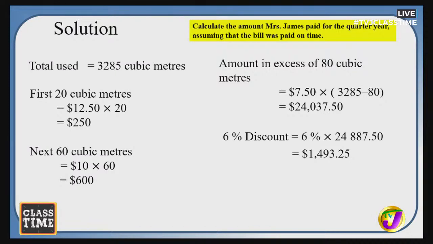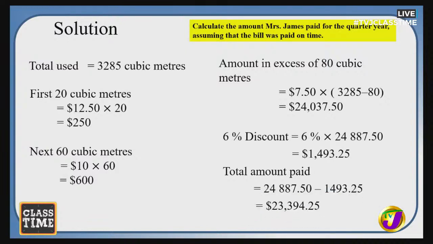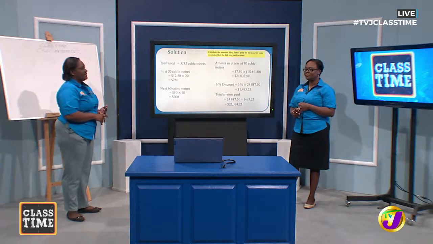So from my total that I would have had, because I'm paying early, it would be less $1,493.25. Good. So the total amount to be paid is $23,394.25. Good. So you would have covered your telephone bill, your light bill, and your water bill. Okay, good.